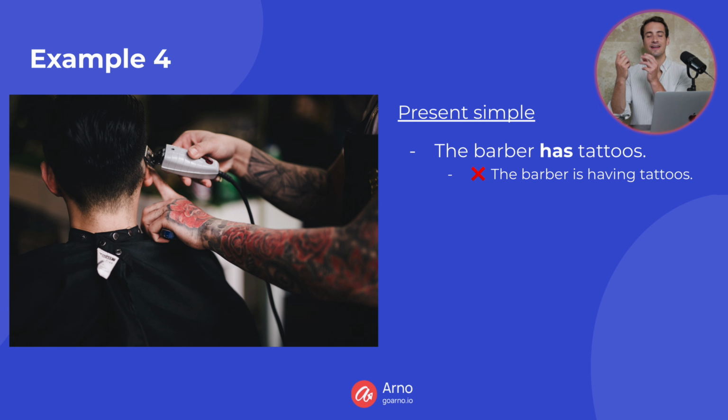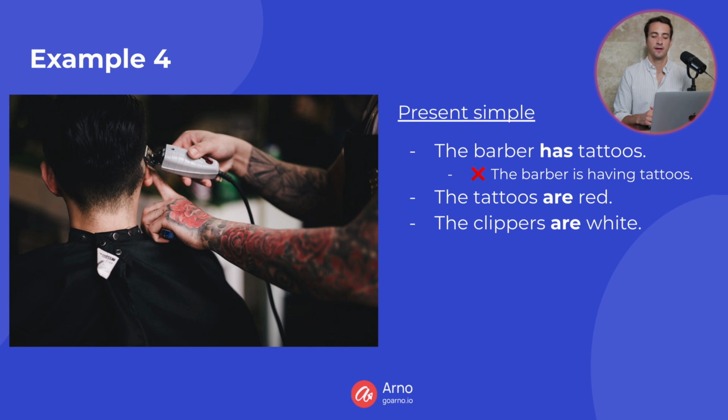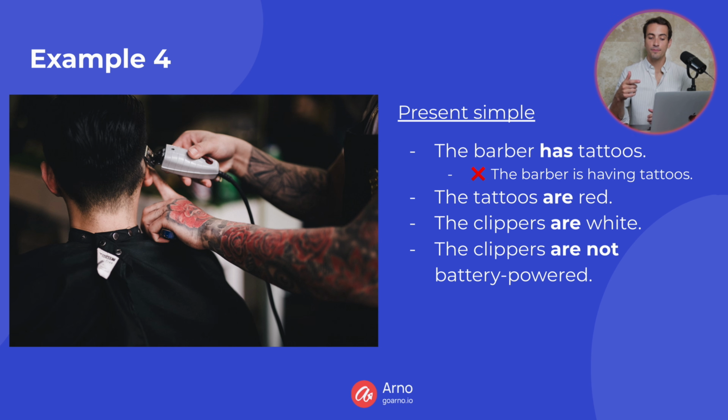To have is a non-continuous verb, therefore it necessitates the present simple. The barber has tattoos. The tattoos are red. The clippers are white. The clippers are not battery powered. They have a cord that plugs into the wall.